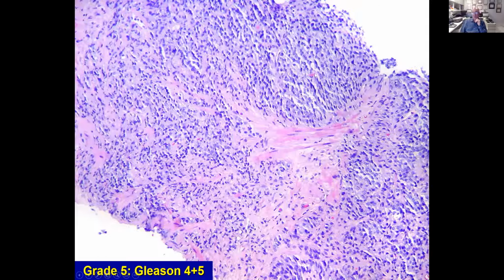Here's another combination of Gleason 4, mostly at the right side, with Gleason 5 at the left side, where there is almost complete loss of identification of this tumor with glandular morphology. There is no glandular array here, whereas here some of them still try to form glands.